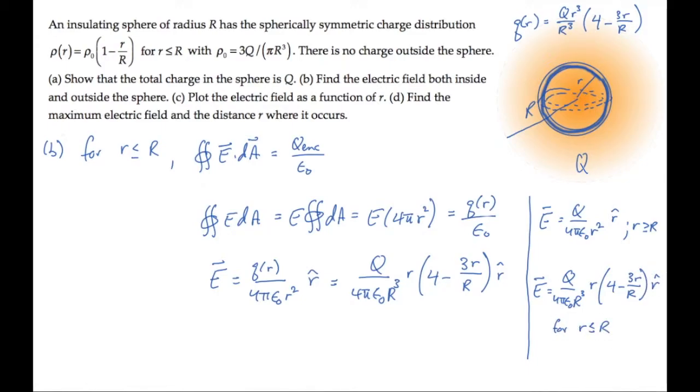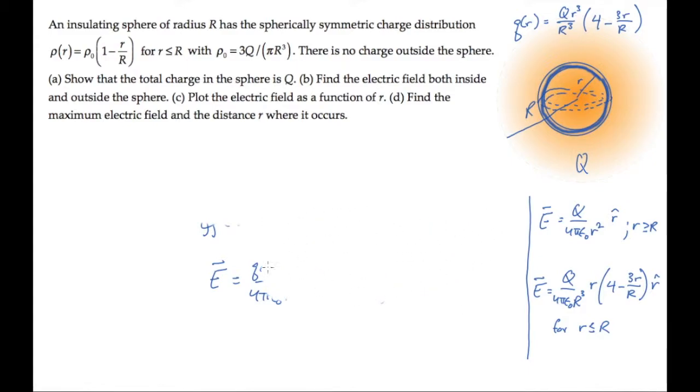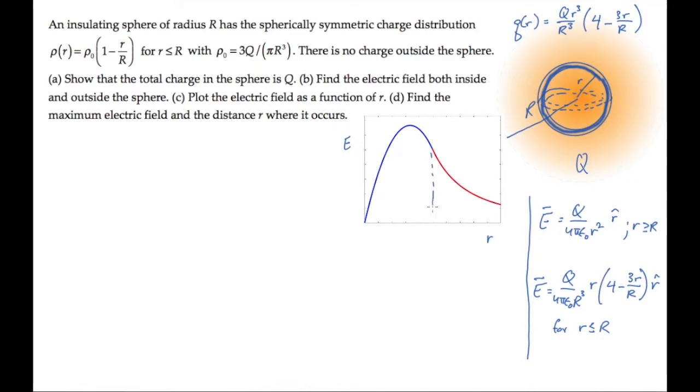Part C asks us to plot this electric field as a function of r. Let me erase so that we have room to do that. I've shown the plot here, where the horizontal axis is the radial distance r, and the vertical axis is the magnitude of the electric field E. There are two curves here, matching up at the radius capital R. The red curve corresponds to this equation outside the charge distribution, and the blue curve corresponds to this equation, which I'll box in blue, inside the charge distribution.